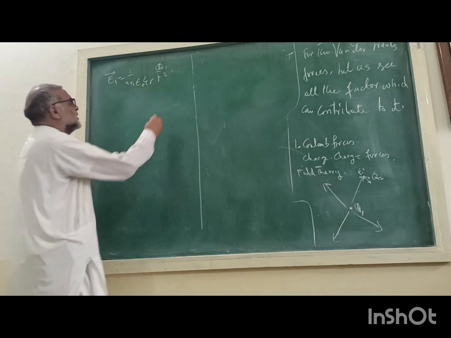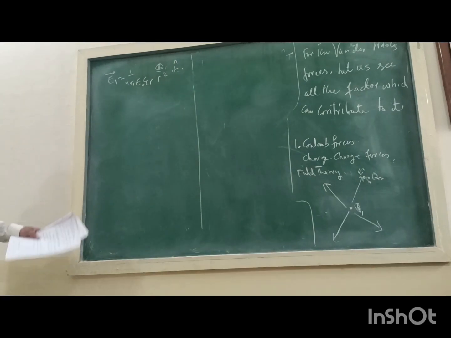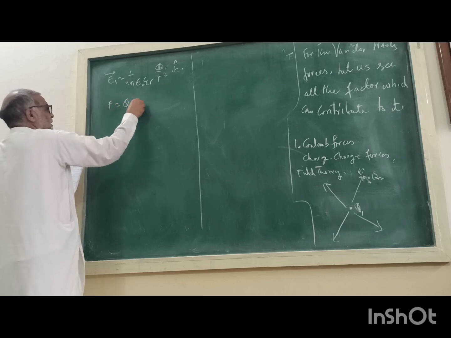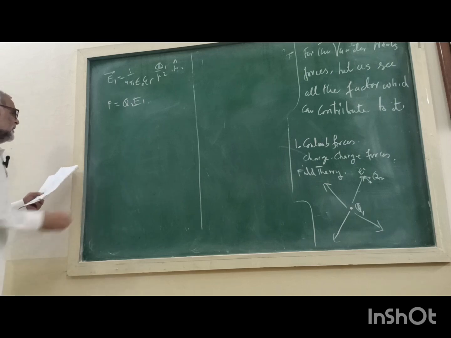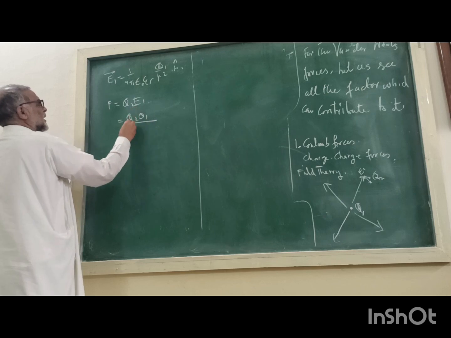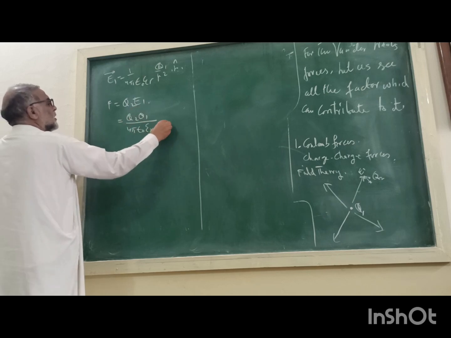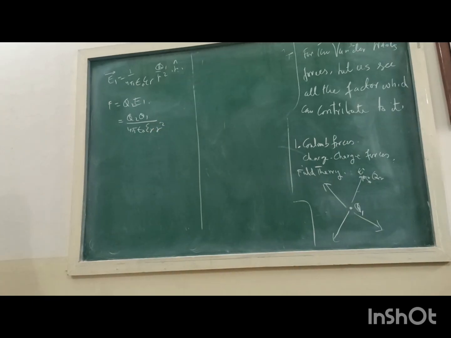Now the force will be the interaction between this charge and E1. The force will be Q2 Q1 divided by 4 pi epsilon naught epsilon r r square, if I write it as a scalar.